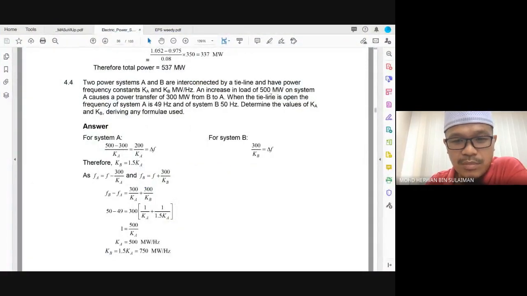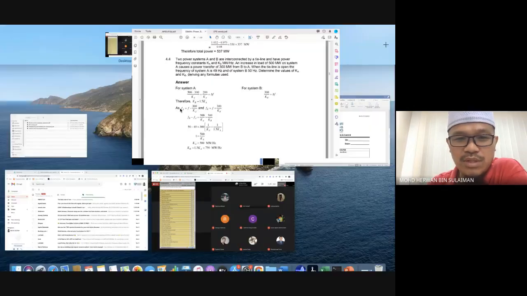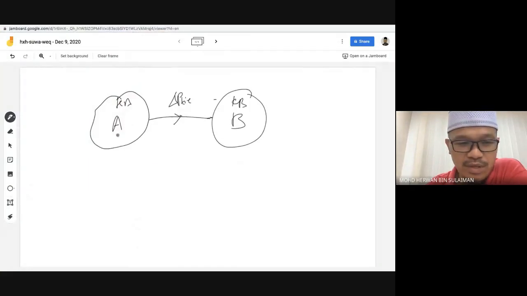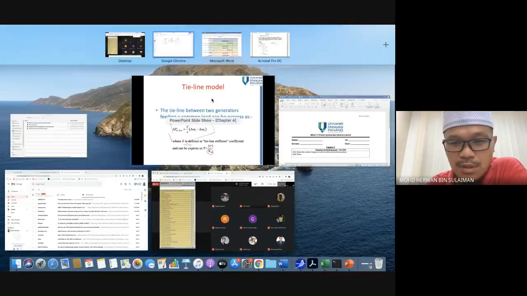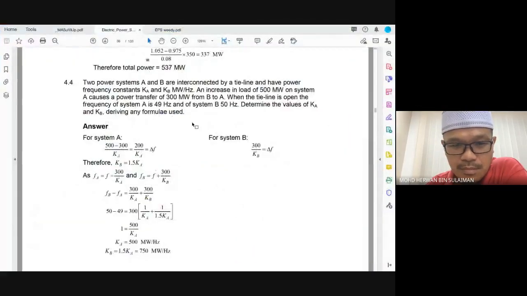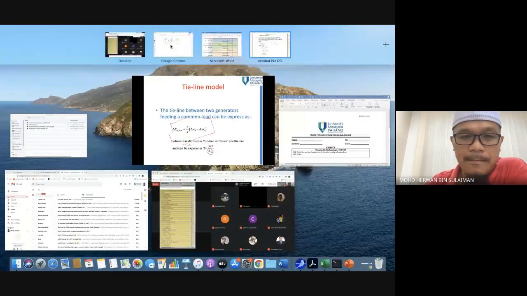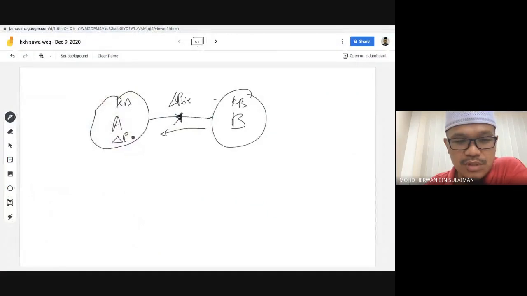So an increase in load of 500 megawatts on system A causes a power transfer of 300. When the load changes, you have delta P here, and the power is transferred from B to A. The delta P here is 500 megawatts.